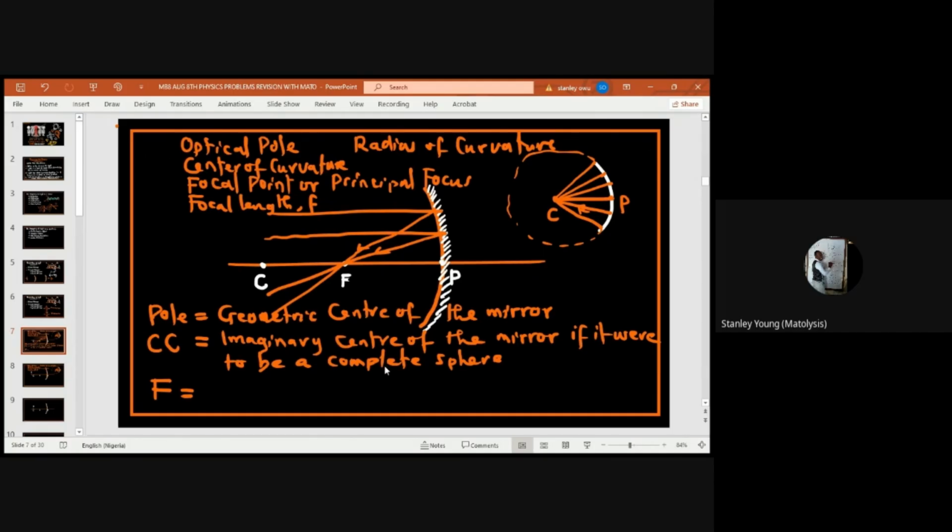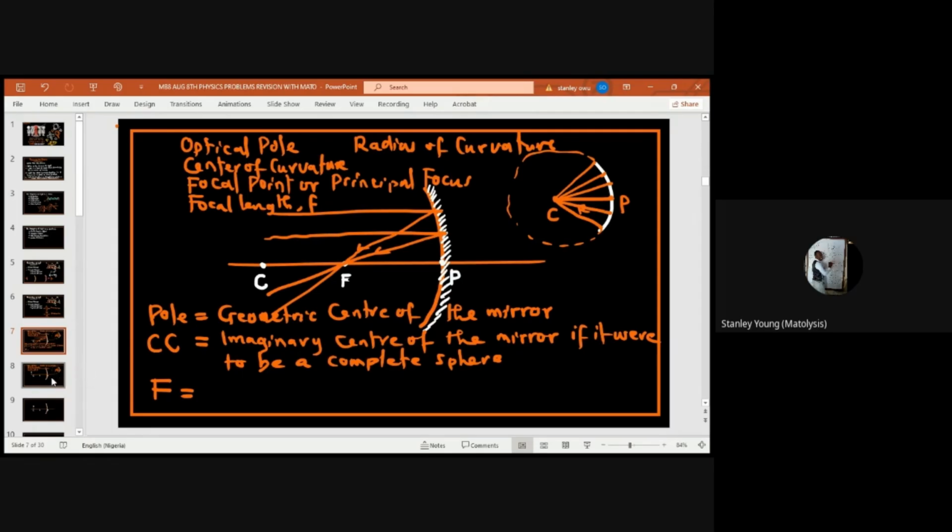You realize that I just lock it on converge to, because the question is about a concave mirror. If it is a convex mirror, I'll use seem to diverge from after reflection in that manner.